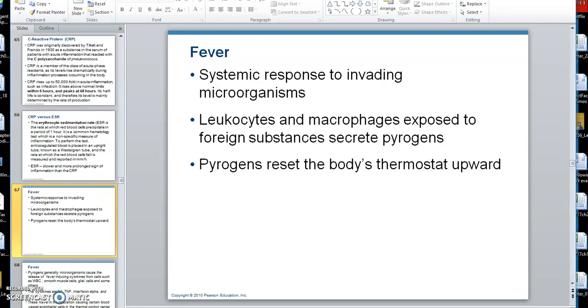Okay, as we discuss a fever, let's refamiliarize ourselves with some A&P 1 items. When it comes to temperature and heat in the human body, I want you to imagine that we have a surface and a core.